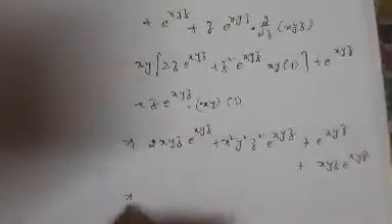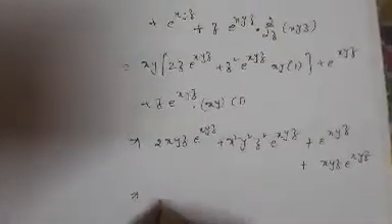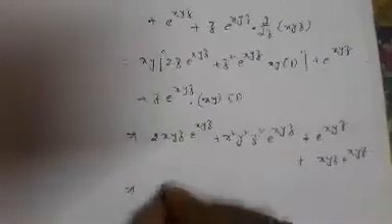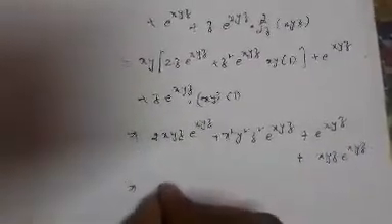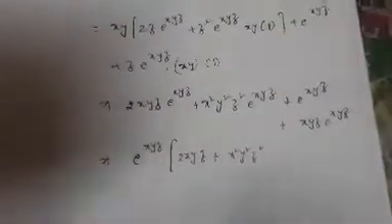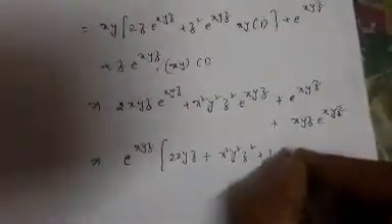In that one we have to take a common factor, e^(xyz). So then what is here? e^(xyz), then 2xyz, next here x²y²z², then plus 1, next plus xyz.